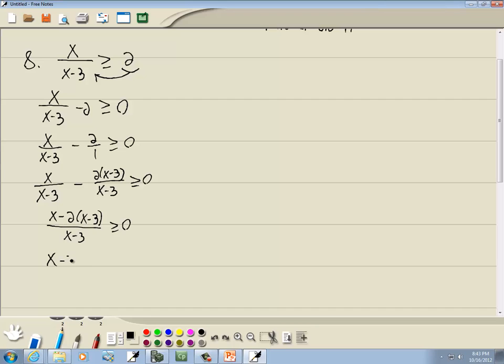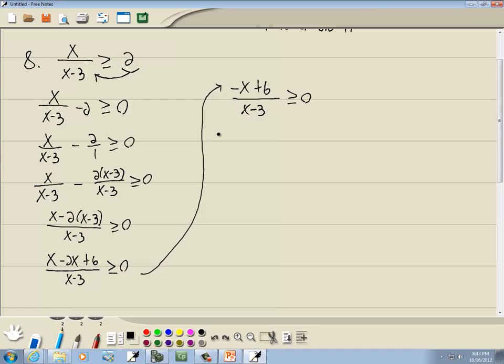Negative 2 times x is negative 2x. Negative 2 times negative 3 is a positive 6 over x minus 3 is greater than or equal to 0. x minus 2x is negative x plus 6 over x minus 3 is greater than or equal to 0.